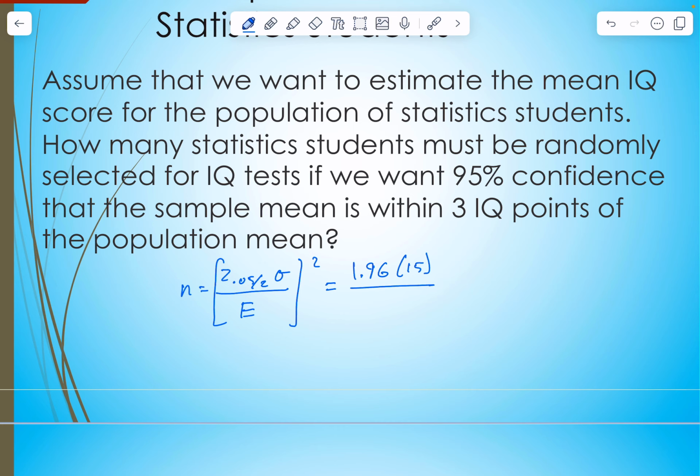And then I divide by 3 IQ points, and I square all of that. If I do, I get 96.04. And so the answer then is going to be 97.